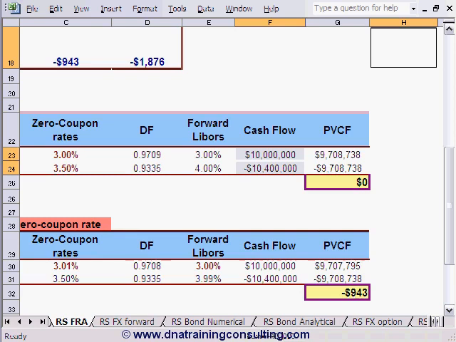Cell G25 in this table here, which is labeled, as you'll see in a moment, base case scenario, reveals the position's fair value at inception to be 0.